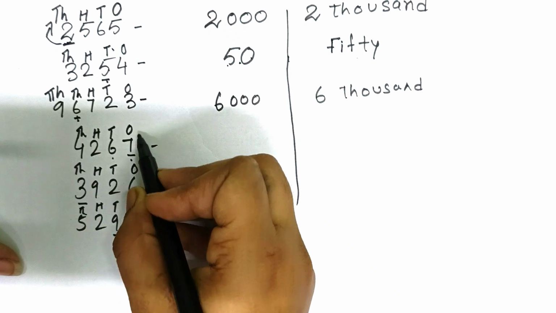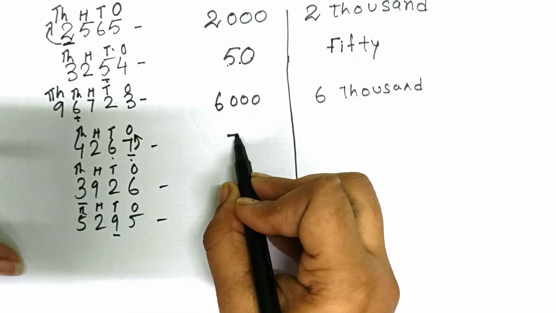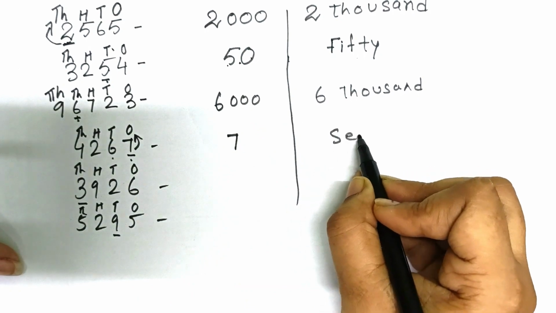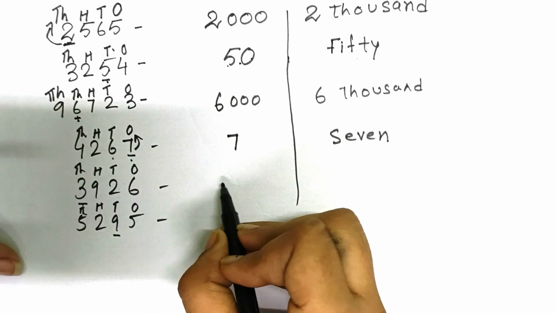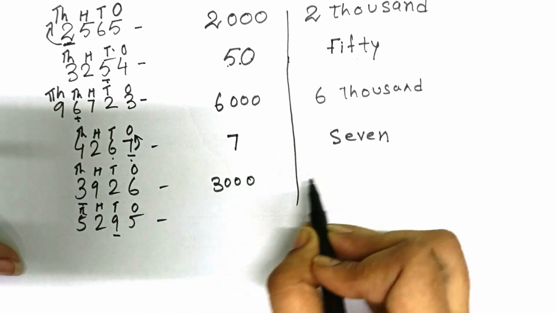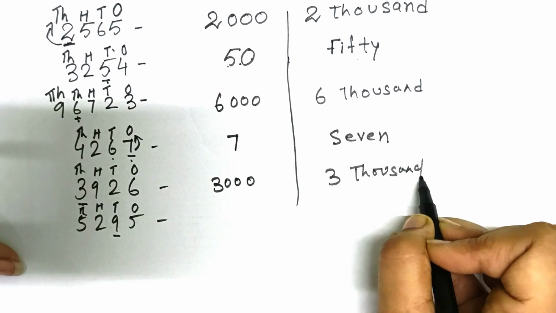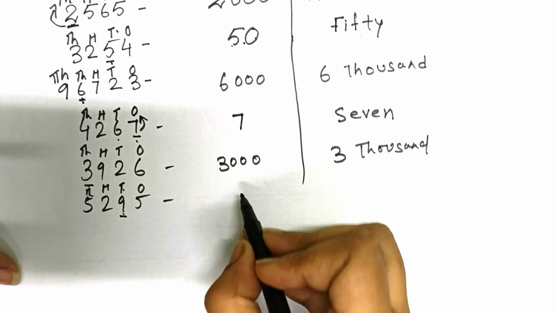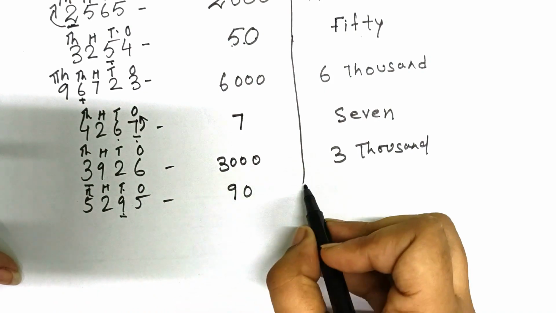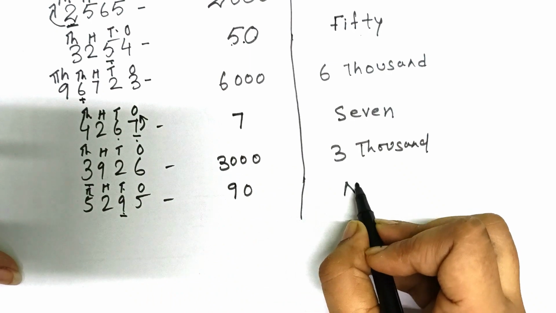What is the place value of 7? 7 ones means 7, and you can write here 7, SEVEN. Now 3,000, and write here 3,000. Clear? Now the next one is 9 tens. We have already discussed that 9 tens is equal to 90, and you can write here 90.